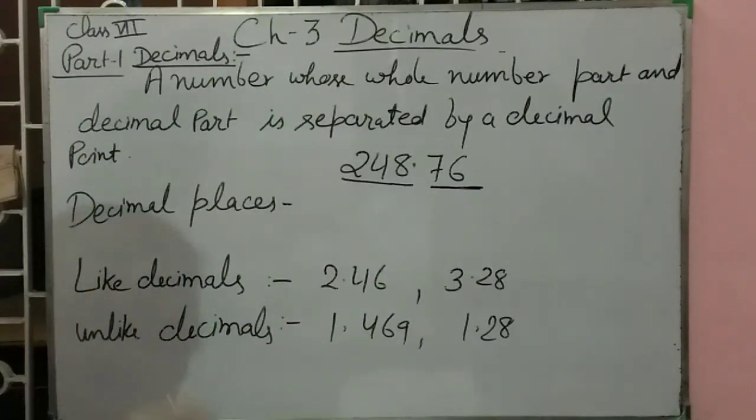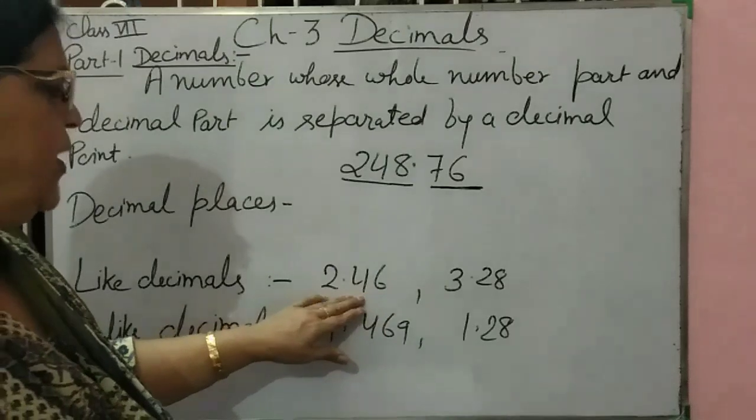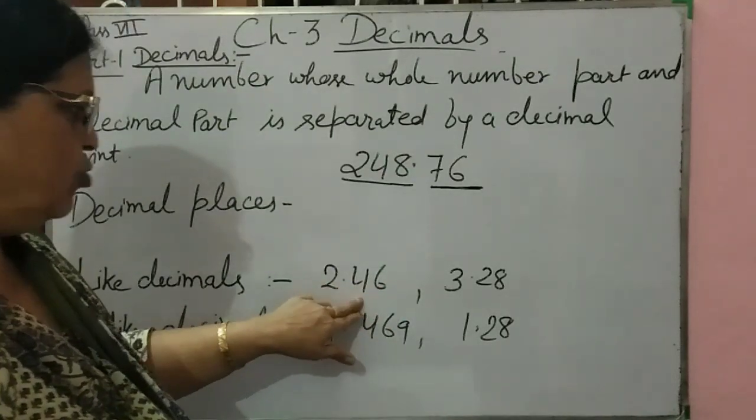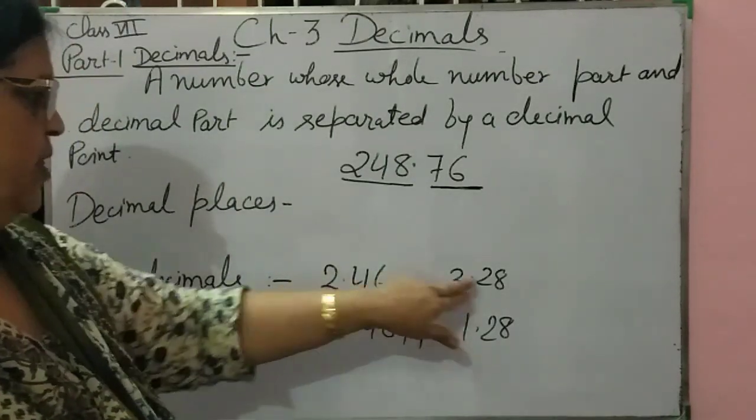Next, like decimal. Decimal fractions having the same number of decimal places are known as like decimals. Decimals having different number of decimal places are known as unlike decimals. Just like this, there are two places, two digits after decimal.